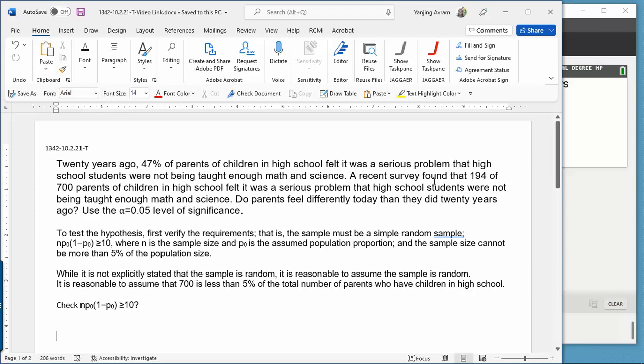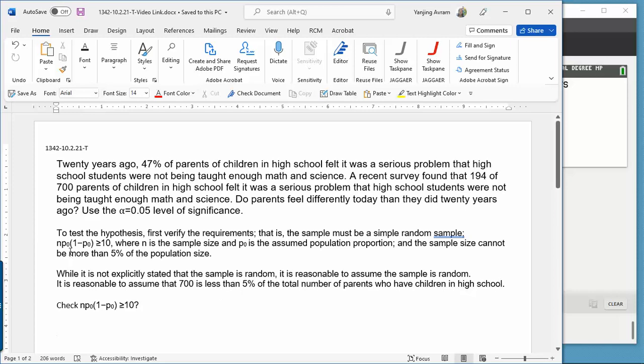A recent survey found that 194 of 700 parents of children in high school felt it was a serious problem that high school students were not being taught enough math and science. The question here is, do parents feel differently today than they did 20 years ago? Using alpha equal to 0.05 level of significance.